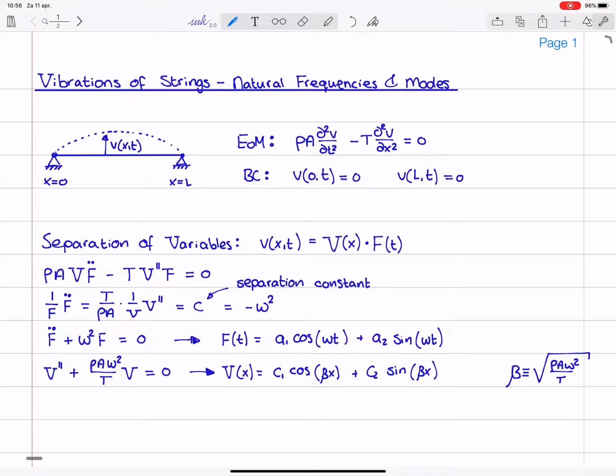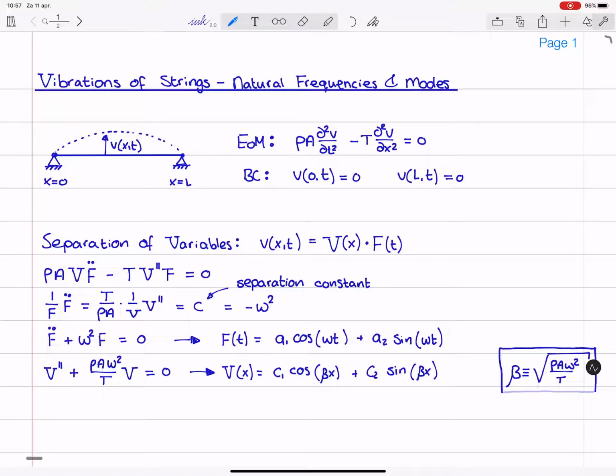So we see that the behavior is harmonic in time, but also the shapes of the string, as I have already sketched a little bit in this figure above, can in general be described in terms of a cosine and a sine, where this beta is basically the equivalent of what a frequency is in time, and it's sometimes called the wave number.